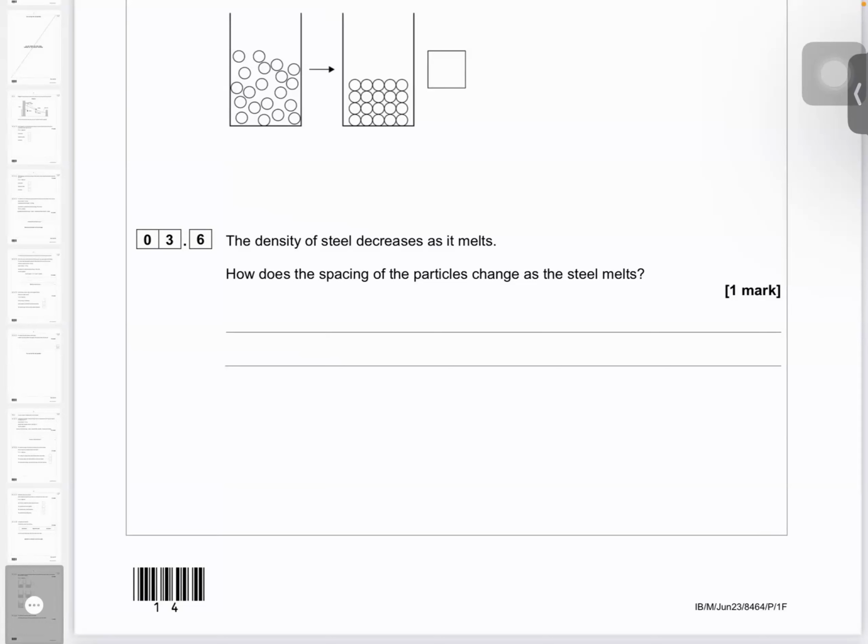The density of steel decreases as it melts. So the question now is, how does the spacing of the particles change as the steel melts? Okay, so let's understand something about density. We've said that mass does not change.